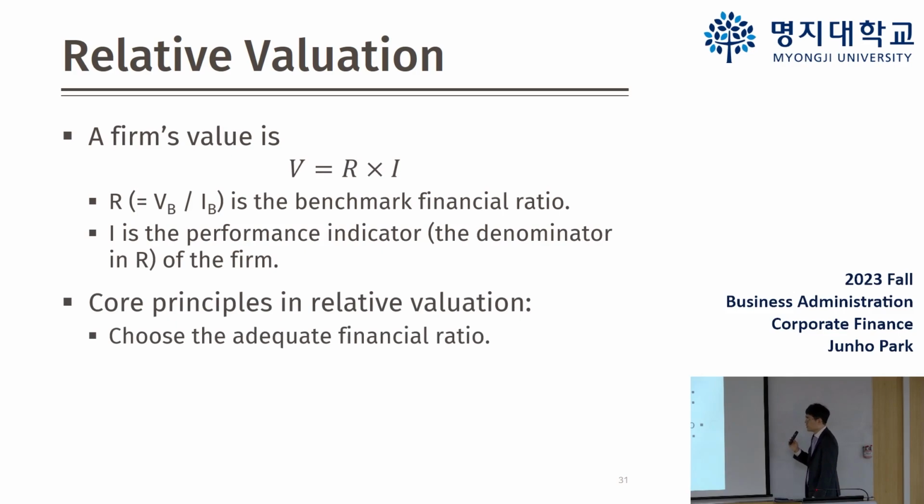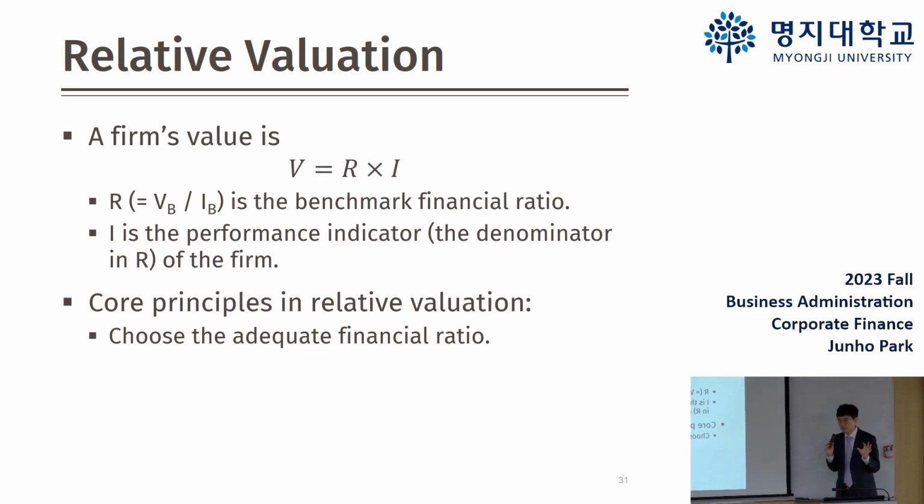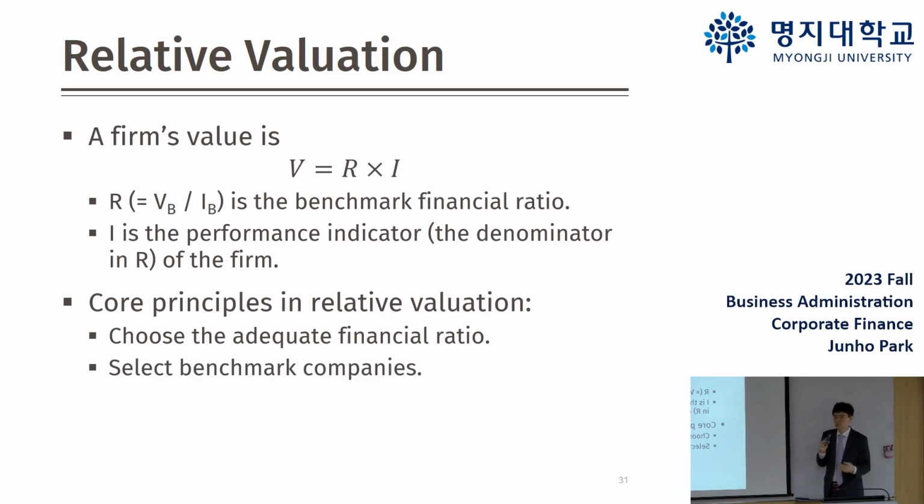So we can do relative valuations following these procedures. First, you choose the adequate financial ratio that represents the value of the company and that is closely related to the value of a company. Second, you select benchmark companies.